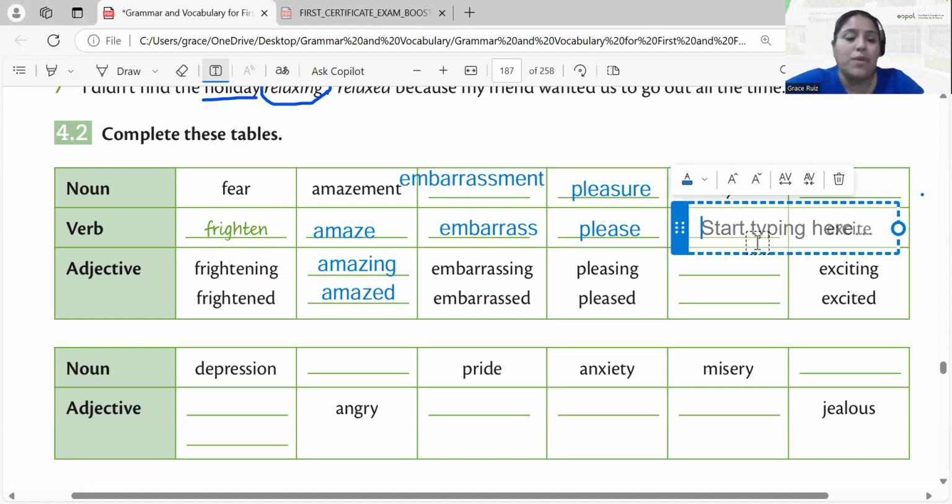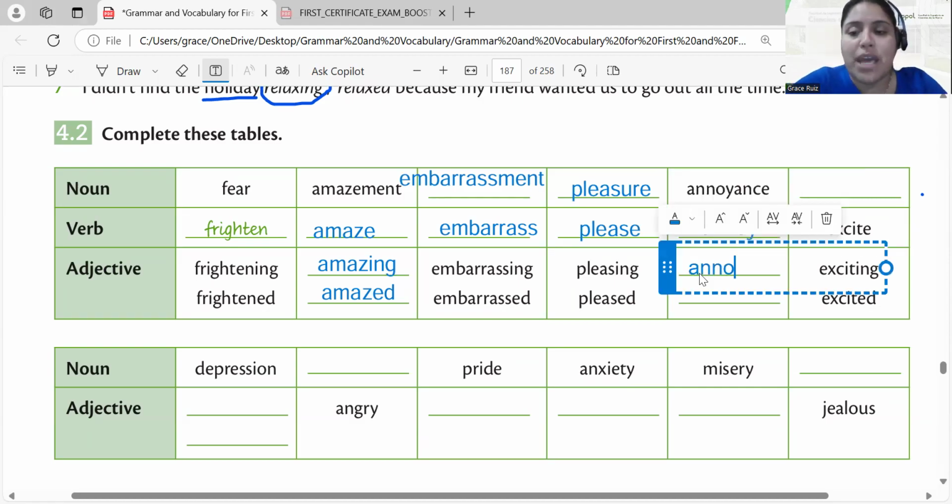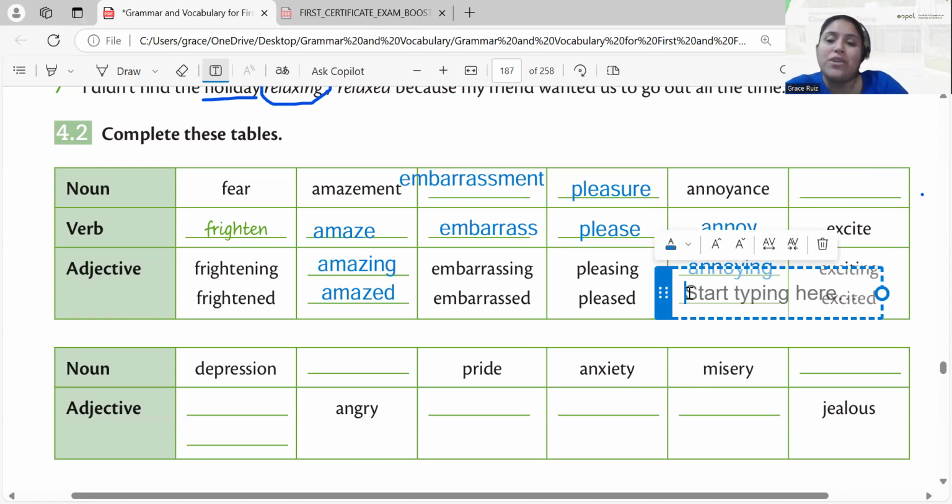Annoyance, the verb will be annoy, molestar, fastidiar. Okay. And the adjective will be annoying or annoyed. Remember that adjectives that are used with ed are going to refer to the person that feels. And annoying will be actually representing an object or a situation or a thing that makes another person feel something, yeah?